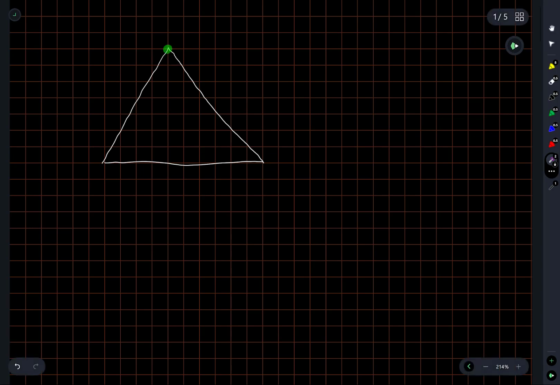And now imagine I can grab this point and drag this point to the left and right as far as I want. If I drag this point over to here, then the triangle that I'm actually working with is this one.